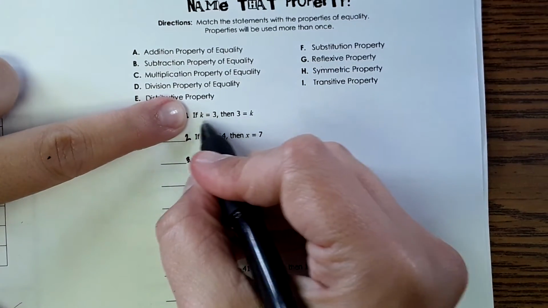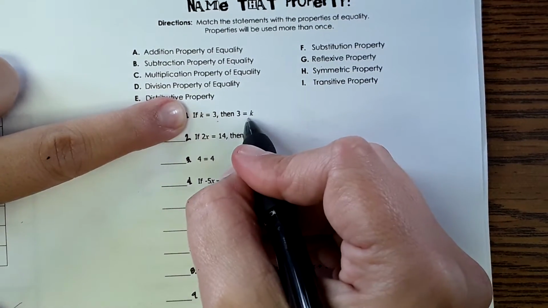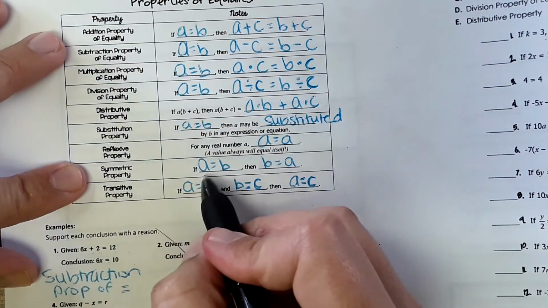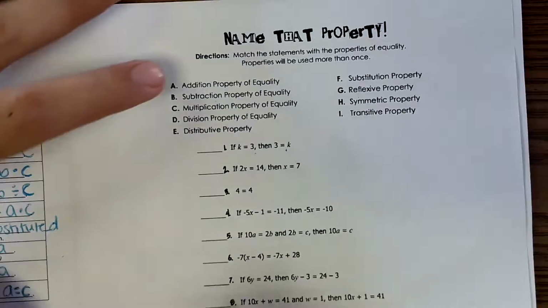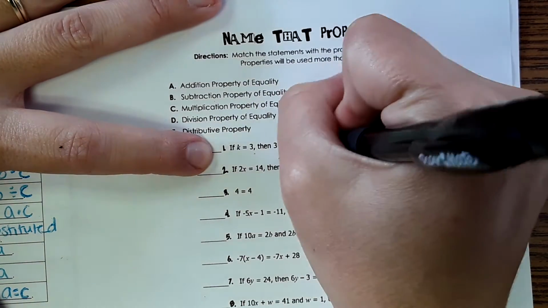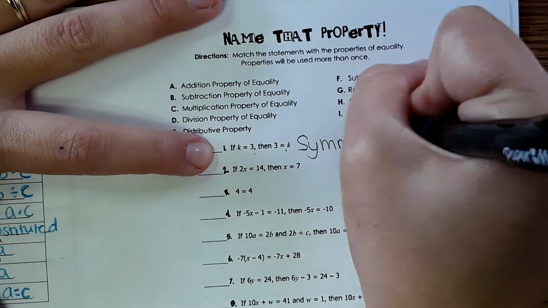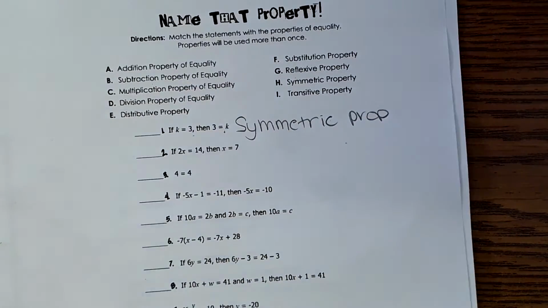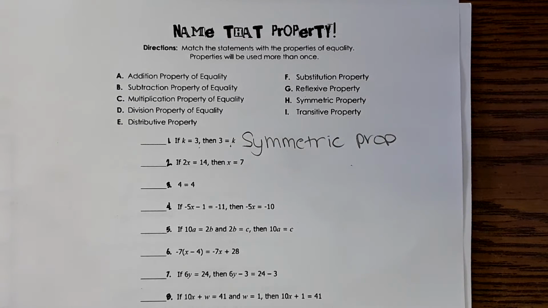This one says if k equals 3, then 3 equals k. If you look over at the chart, all the properties are over here. That was symmetric property. If a equals b, then b equals a. So this here is symmetric property. And you can abbreviate property a little bit. Number 2, we have 2x equals 14, then x equals 7.